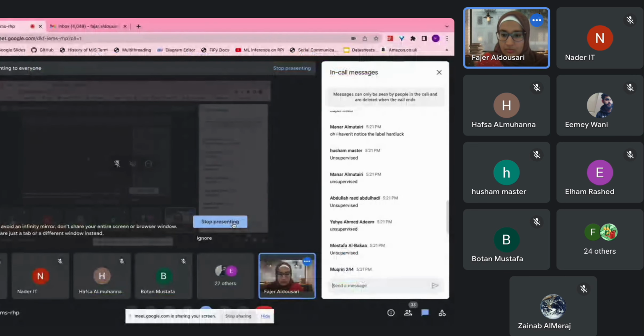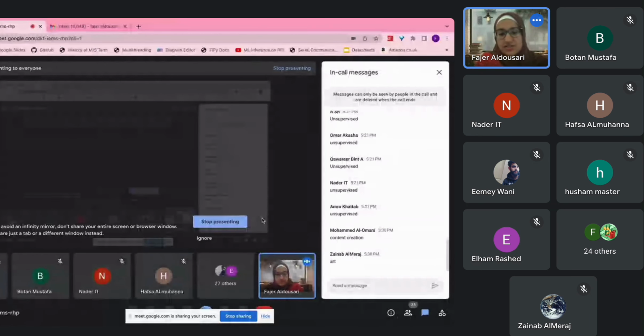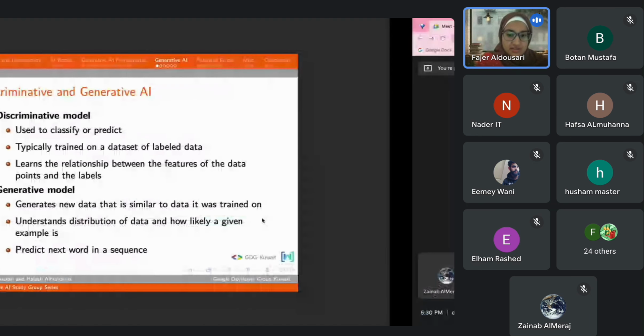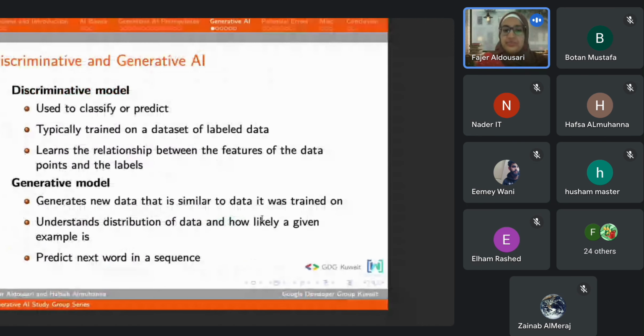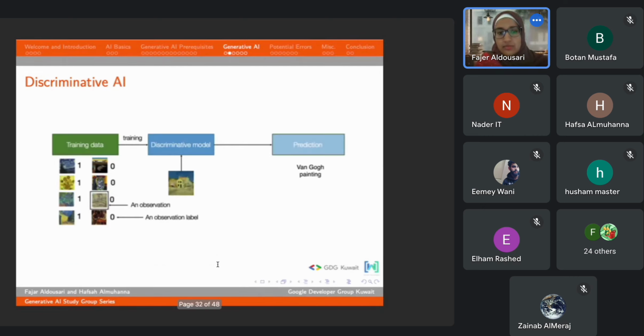Yes, exactly. One of the things it can be used for is content creation, art, etc. So it has quite a lot of use cases. For example, here it says it can predict the next word in a sequence. So it generates new data.